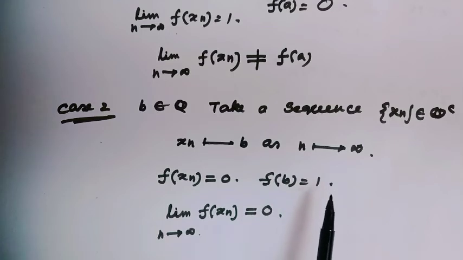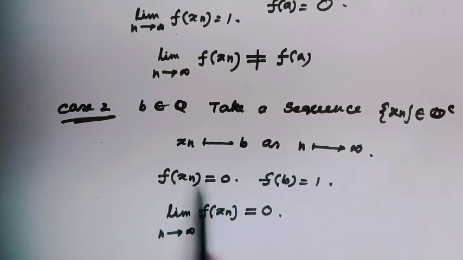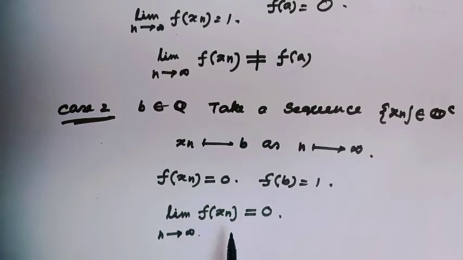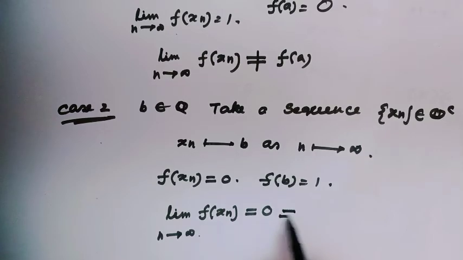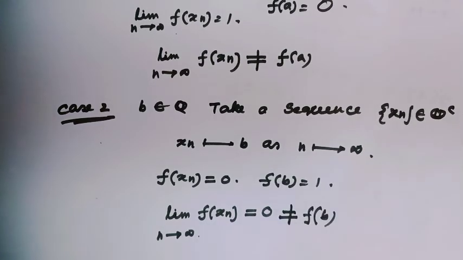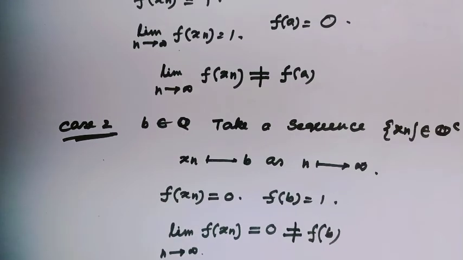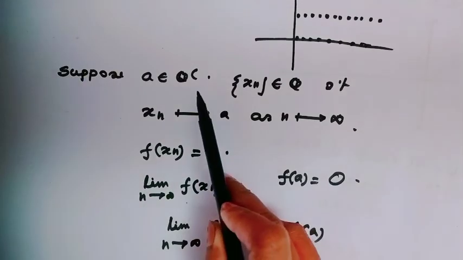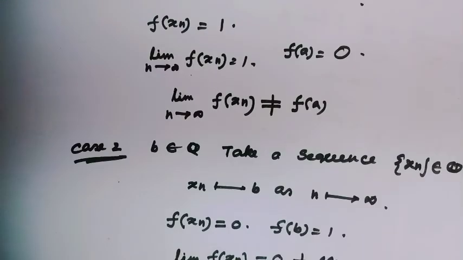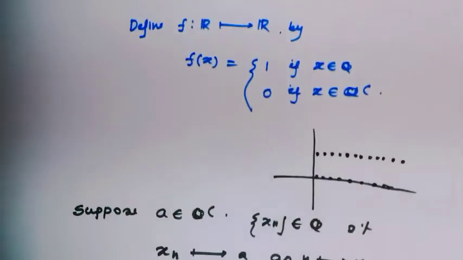Okay? And since this is a constant sequence, limit n tends to infinity f of xn equal to 0, which does not equal f of b. That means f of xn does not converge to f of b. So the function is not continuous at both irrational as well as rational points. So the function is discontinuous everywhere on the real line. Okay? Well.